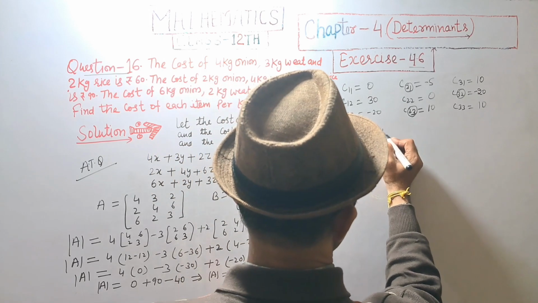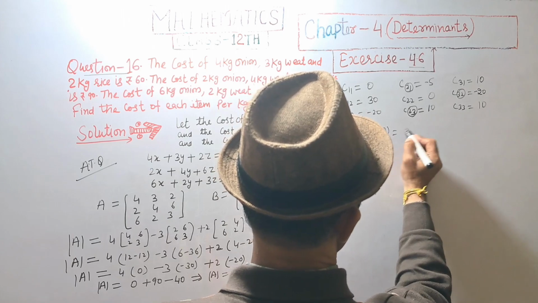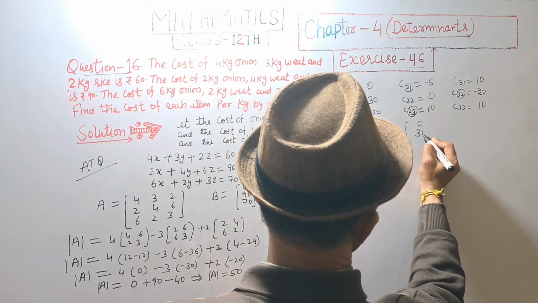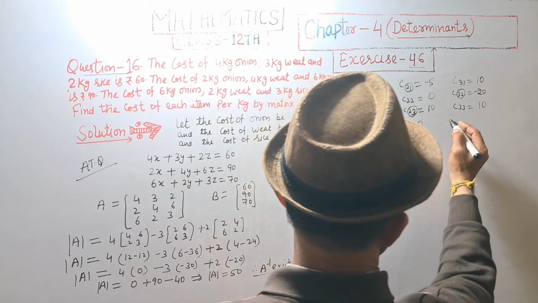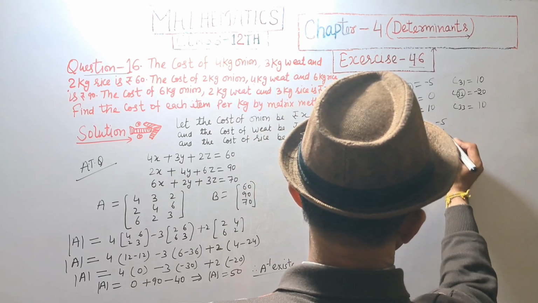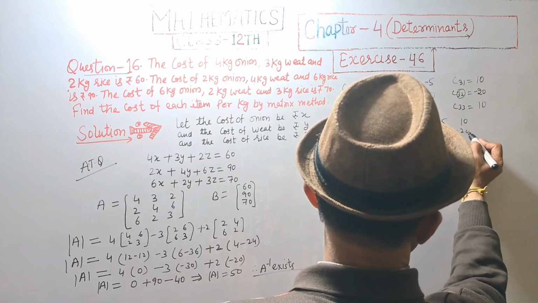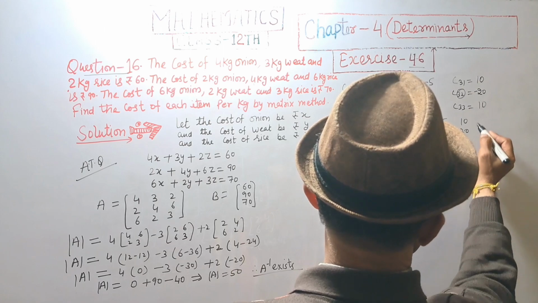Adjoint of A is equal to 0, 30, minus 20, minus 5, 0, 10, 10, minus 20, 10.